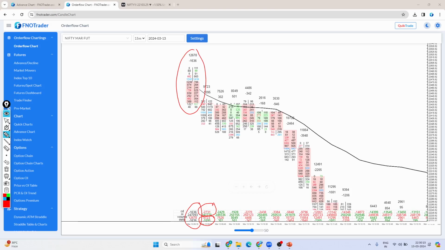So the delta is kind of increasing, and there was a small pullback. Previous day low is here. So it took a small pullback, it went above, and then at this price point you see a lot of selling here.